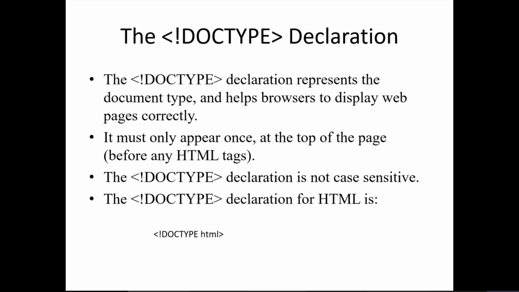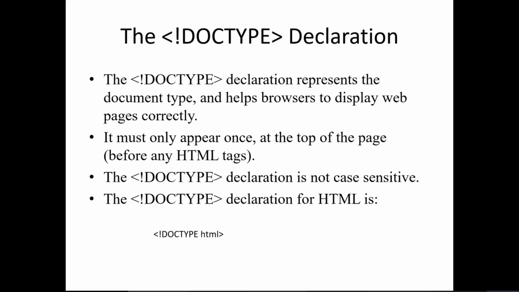Doctype declaration. The doctype declaration represents the document type and helps browsers display web pages correctly. It basically defines what type of document it is. When we put doctype HTML, that tells the web browser that this document is an HTML document. It must only appear once at the top of the page, before any HTML tag.